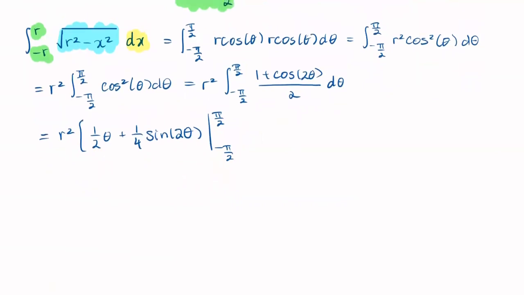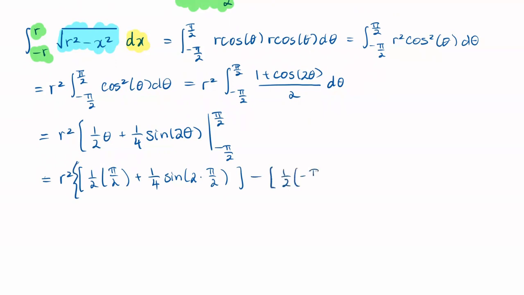For the upper bound, we have a half theta, so we multiply by pi over 2, plus 1/4 sine of 2 times pi over 2. And we subtract this from 1/2 times negative pi over 2 plus 1/4 times sine of 2 times negative pi over 2.